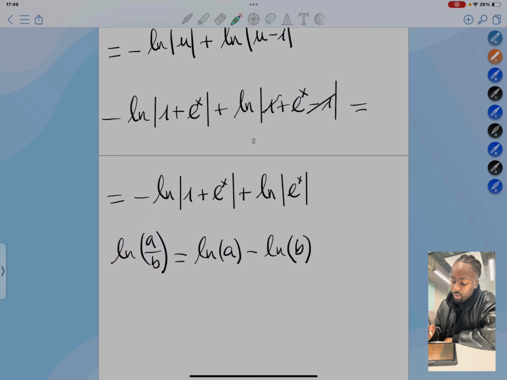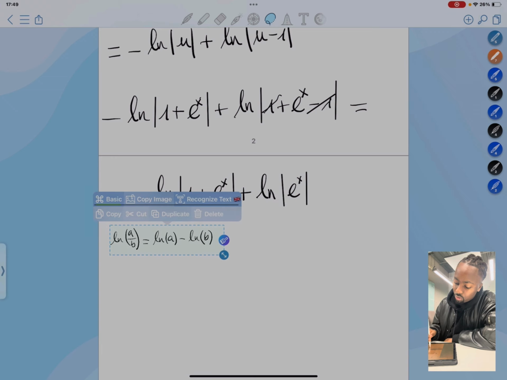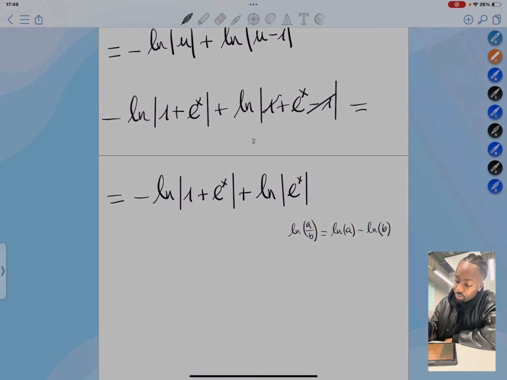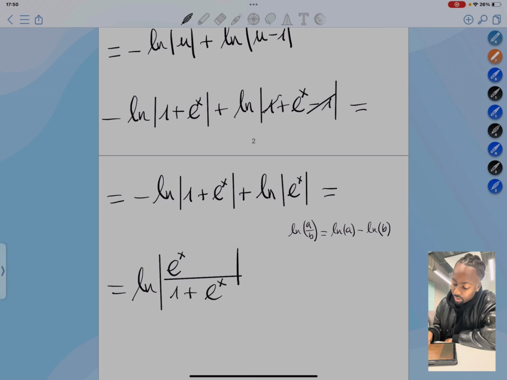From this formula we're going to have the natural log of e to the power x, absolute value, over 1 plus e to the power x, absolute value.